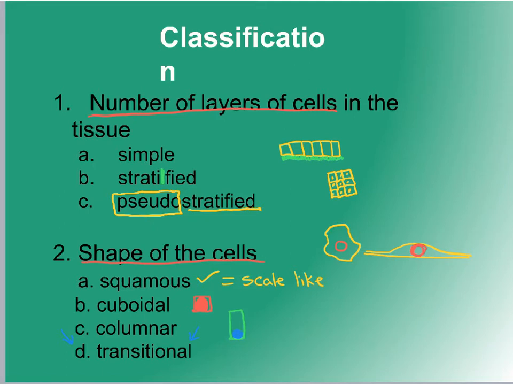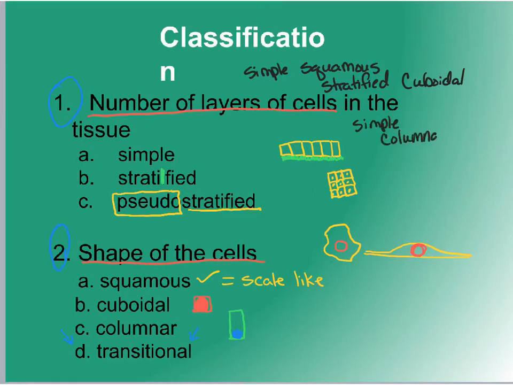So we almost always put these two classification names together when we're naming an epithelial tissue. So you might have what's called simple squamous, or there is stratified cuboidal, or simple columnar.